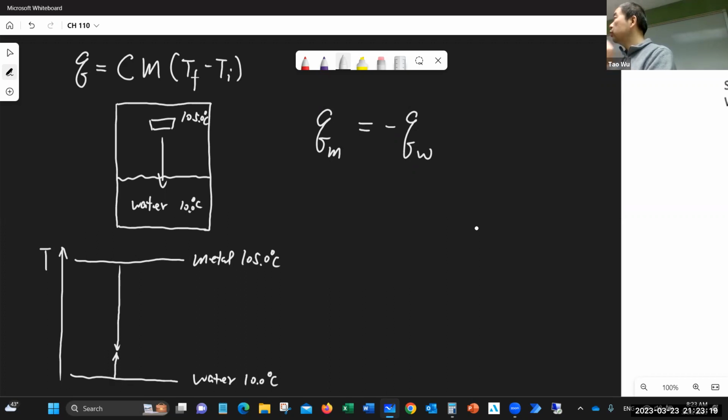Eventually they're going to stop, right? The heat transfer will stop, which means they're going to reach a certain time point. And at this time point, it doesn't matter whether it's metal or water, the temperature will be equal. So the water will go up to a certain temperature and the metal will go down to a certain temperature.